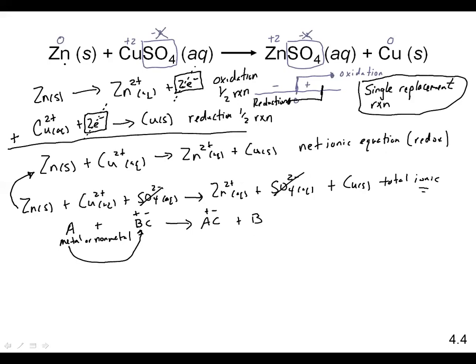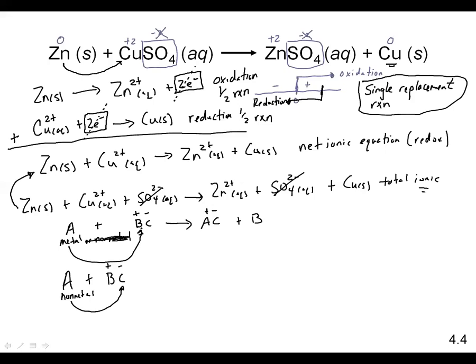So basically what's happening in this reaction, the zinc is coming in, it's kicking out the copper. When the copper gets kicked out, it just becomes copper by itself. And when the zinc comes in, that's when it gains its charge. Now, if this was a non-metal A, same reaction would take place, except that it would come in and kick out the negative guy.